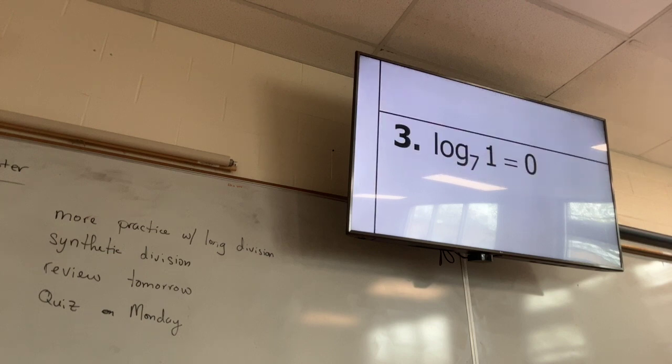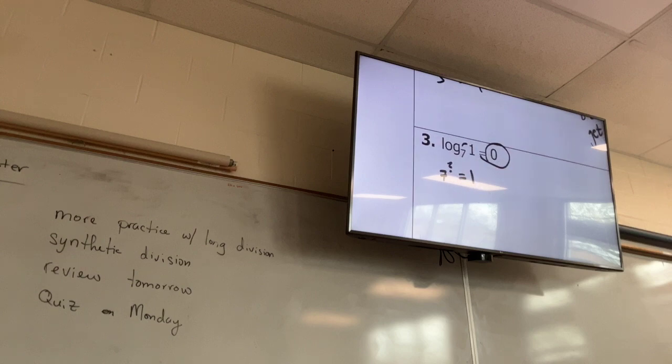Right? So 7 to the what gives me 1? 0, right? So that's why there's a 0 on the right side here, okay? This means 7 to the 0 gives me 1.